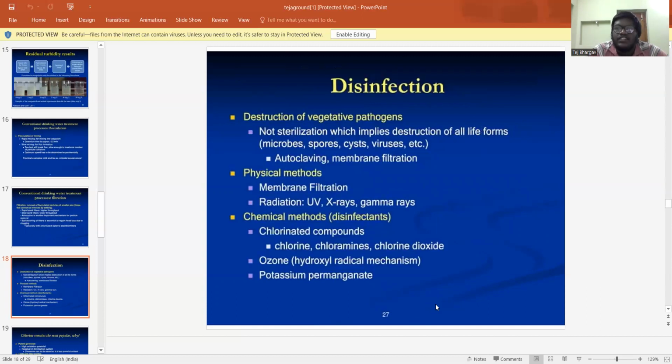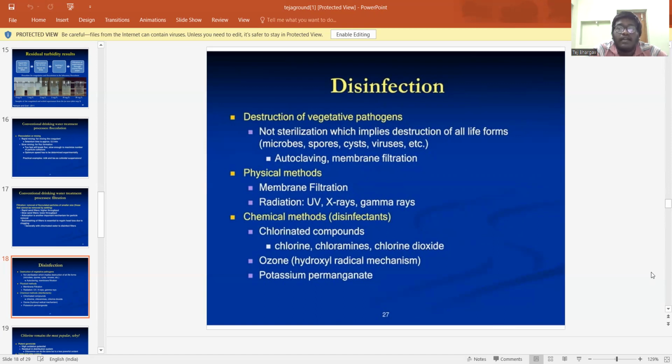Next, disinfection: destruction of vegetative pathogens, not sterilization, which implies destruction of all life forms like microbes, spores, cysts, viruses, etc. Physical methods include autoclaving, membrane filtration, and radiation such as UV, X-rays, and gamma rays.